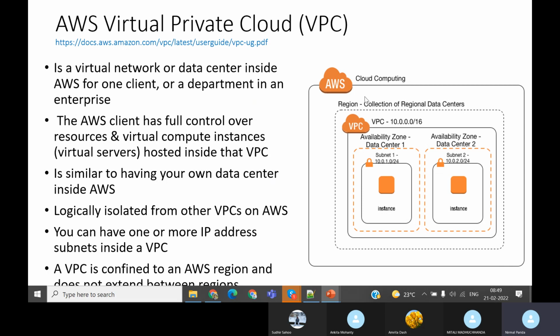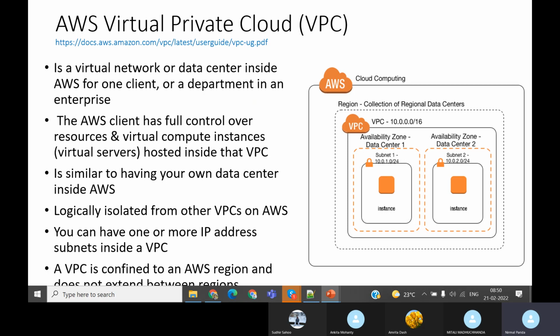They will provide you a logical area, and you can set up your own data center. This is logically isolated from other VPCs. So if you create one VPC or two VPCs, every VPC is logically isolated from each other. You can have one or more IP addresses and subnets inside a VPC. A VPC is confined to one AWS region and does not extend between regions.